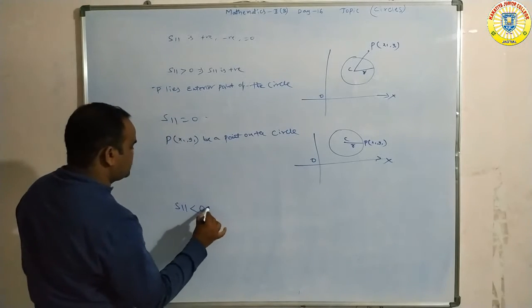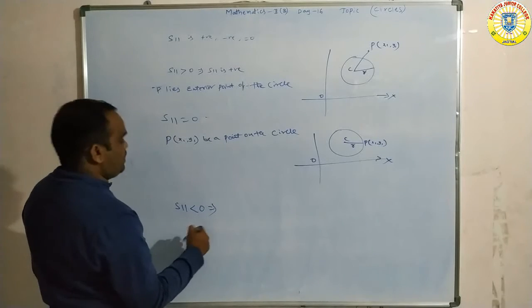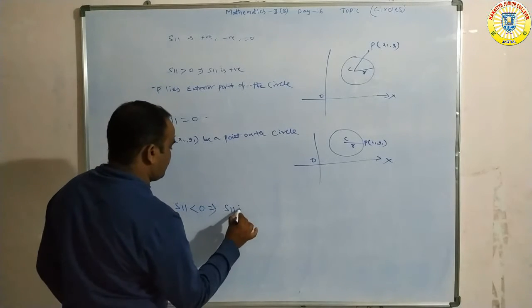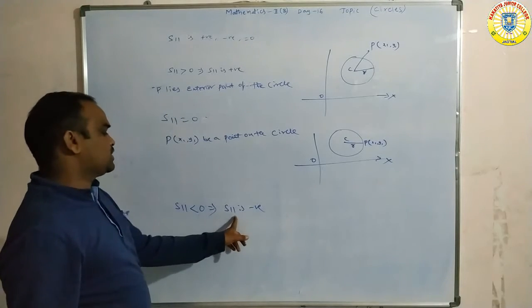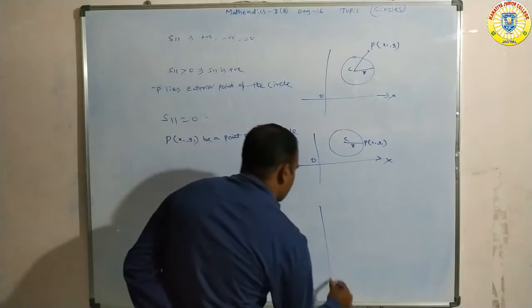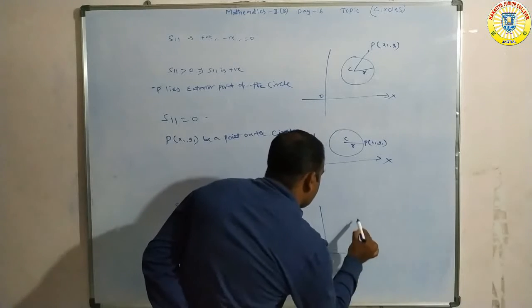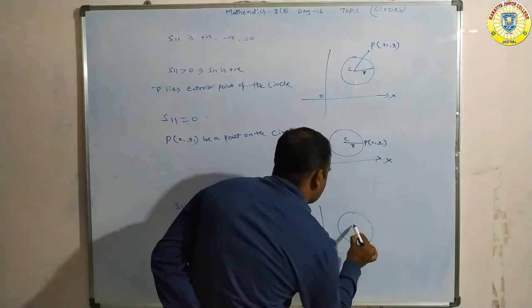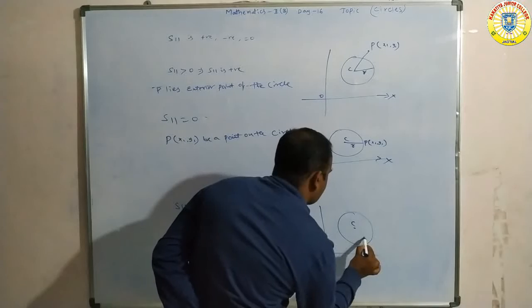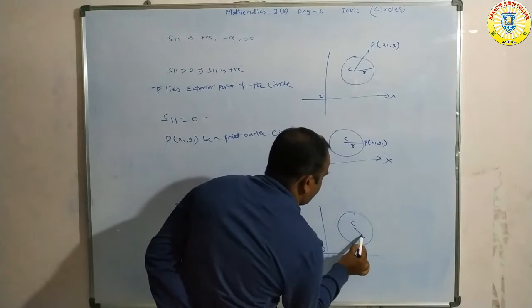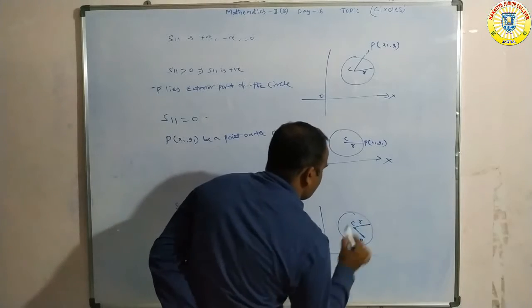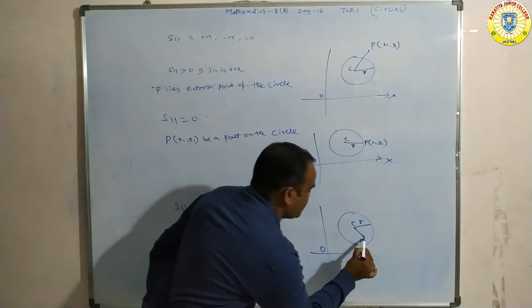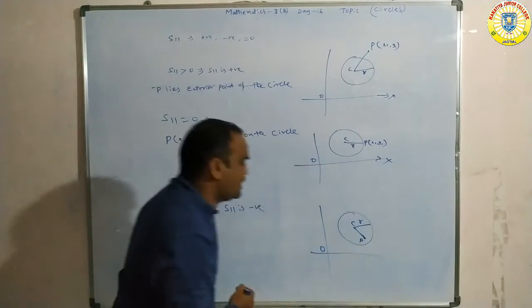Next, the third one: S11 less than 0. S11 less than 0 implies S11 is a negative value. In that case, the point P is an interior point of the circle. This is the center, and here we take the point P, with CP smaller than the radius.